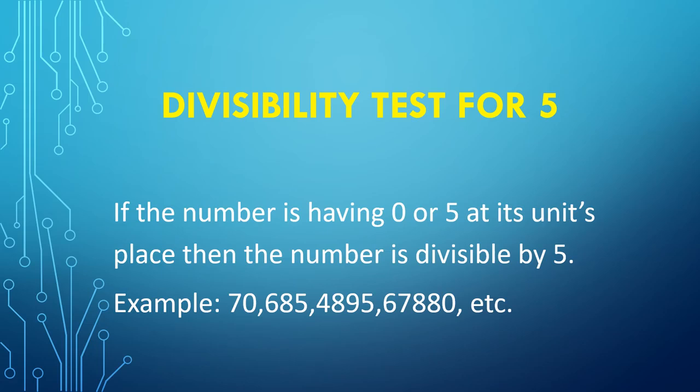The number 70 has 0 at its units place, so it is divisible by 5. 685 has 5 at its units place, so the entire number is divisible by 5. 4,895 has 5 at its units place, so the entire number is divisible by 5. 67,880 has 0 at its units place, so the entire number is divisible by 5.